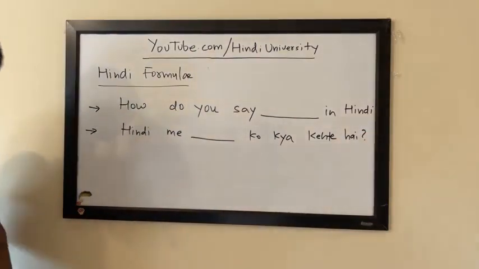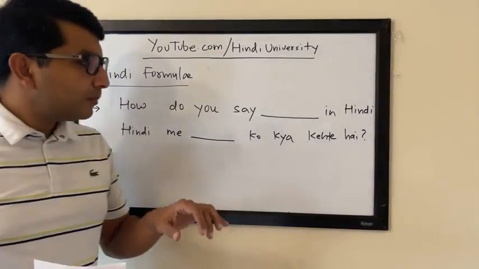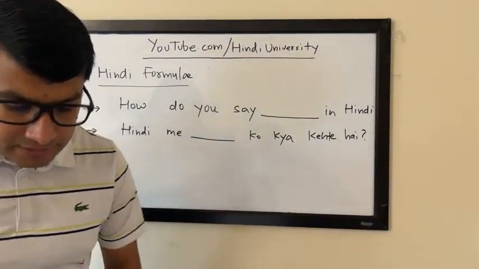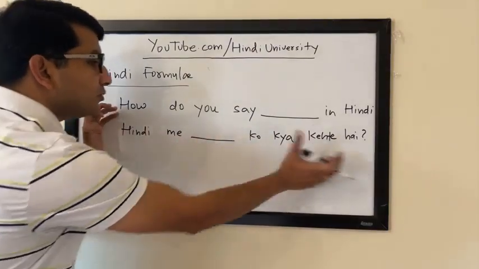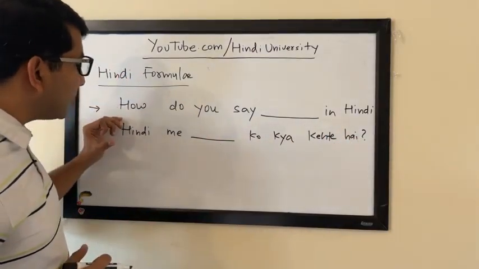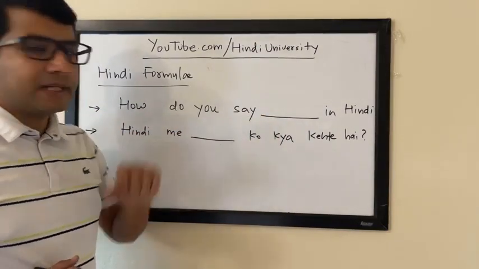Bear with me, it may not make complete sense right now why we came up with this, but for complete beginners, if you were to memorize this, all you're doing is asking the other person how do you say that particular word in Hindi.